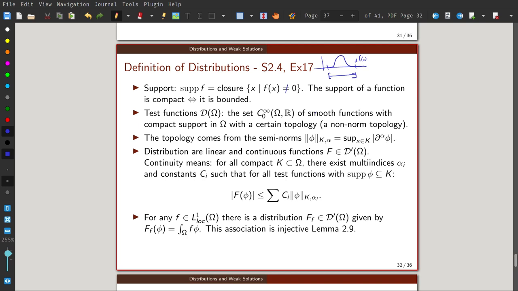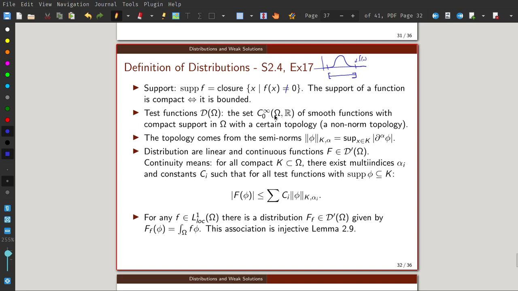And the reason that we give it a new symbol D instead of considering just C infinity with a 0, where this 0 means compact support, is because at a higher level, if you go further into the theory of distributions, you need to give it a certain topology, and it's not the normal topology you give to the set of smooth functions.